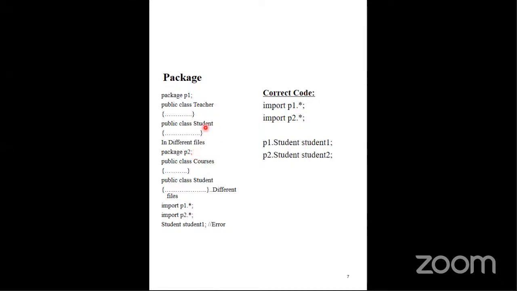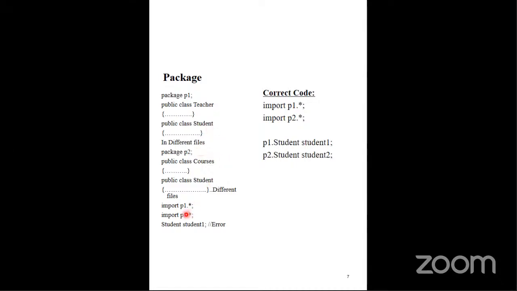So there is a package P1 with two public classes, teacher and student. There is another package P2 which again has two public classes, courses and student. So P1 has a public class student, and P2 also has a public class student. Any class which is outside these two packages P1 and P2 can see two public classes, one from P1 package, another from P2 package.